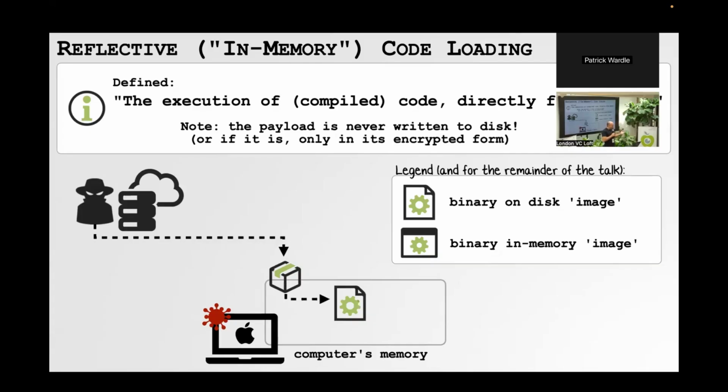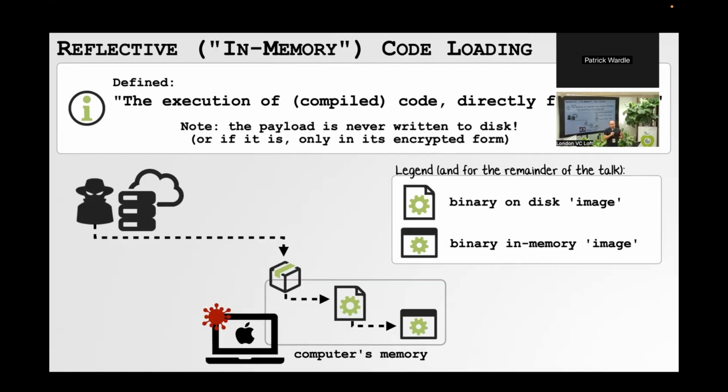All right, so what is reflective or in-memory code loading? We're talking about the execution of compiled code directly from memory. Basically, payloads that are never written to disk, or if they are written to disk, it's only in encrypted form. So the idea is the hacker has some access already to an infected system via an exploit, an infected Xcode project like Luke showed.